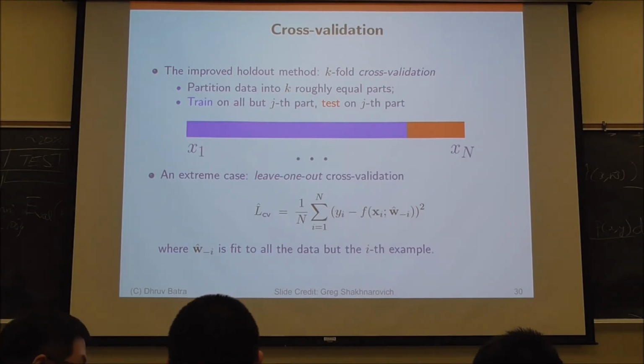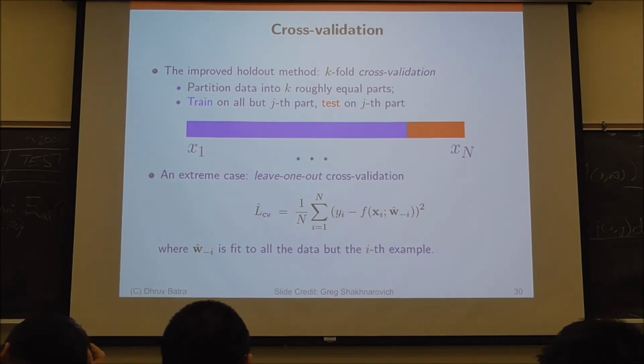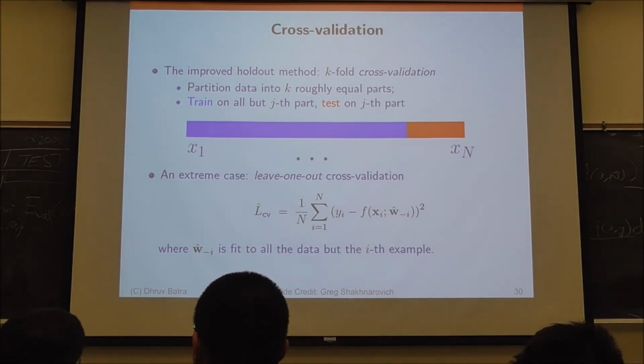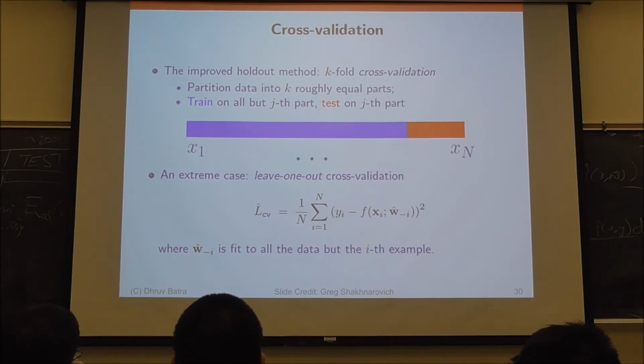Instead of having to run pseudo-inverse n times, take one point out, run pseudo-inverse on the n-1 points, put it back in, do it again, you're basically showing that you can do it with a single pseudo-inverse. There's a little bit extra that you have to do after that, but in terms of asymptotic complexity, it's the same complexity. Right? So sometimes it's possible. Okay.